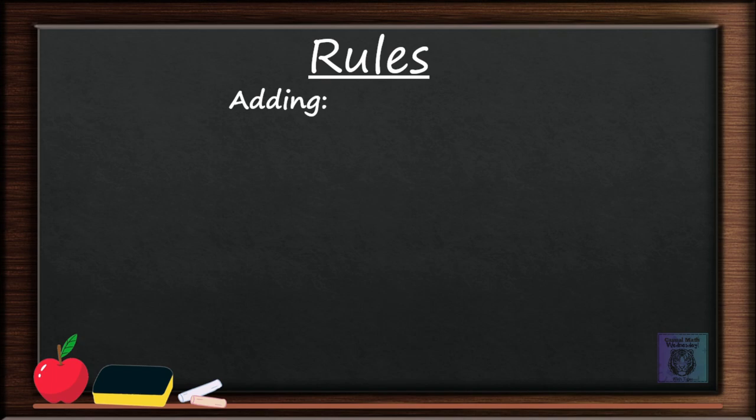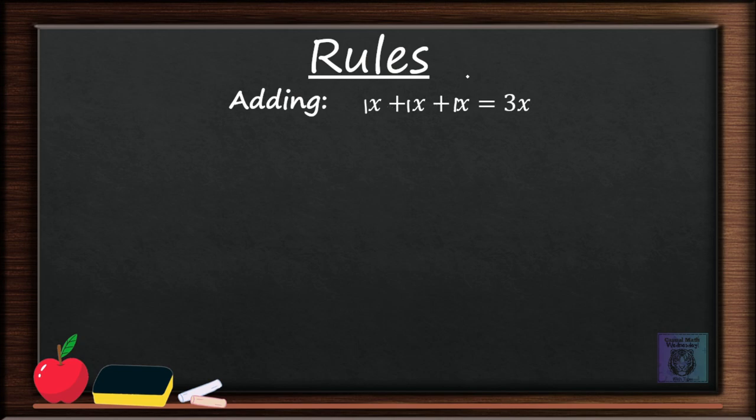But first, before we can just jump into some nice equations, we'll have to apply a few rules. So, the first rule is adding. We have a 1x and a 1x.